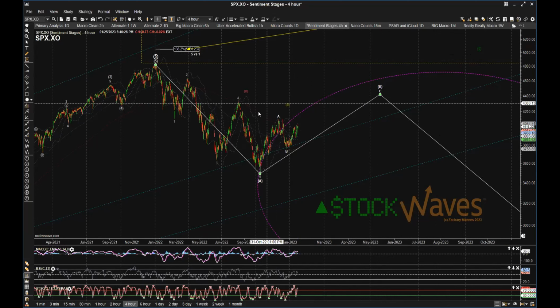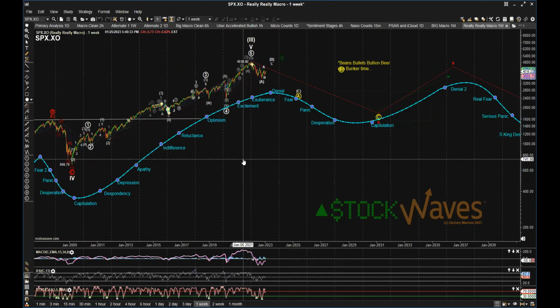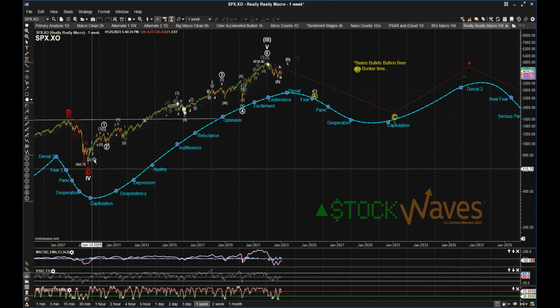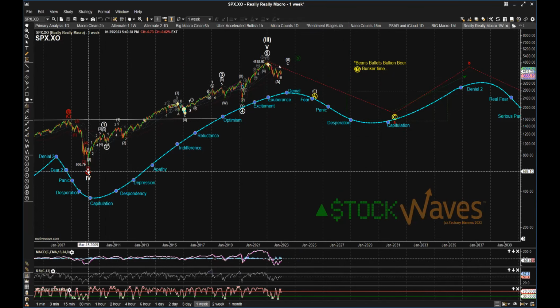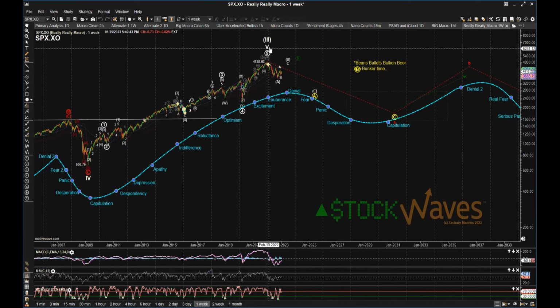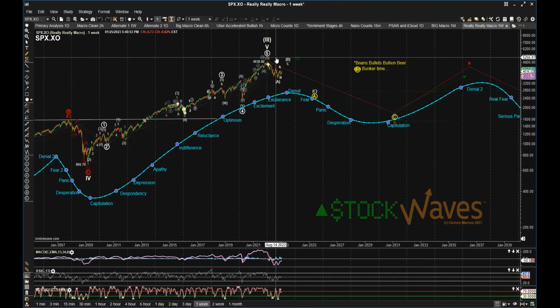I think when we focus on risk skew, it's important to look at this in terms of, at a much larger degree, we have a very, very big 5-wave move up that completed off of 2009. That itself can be a larger 5th wave of completing an even larger super cycle degree wave 3 that might go all the way back to the 1930s low, which was the corresponding super cycle degree wave 2.